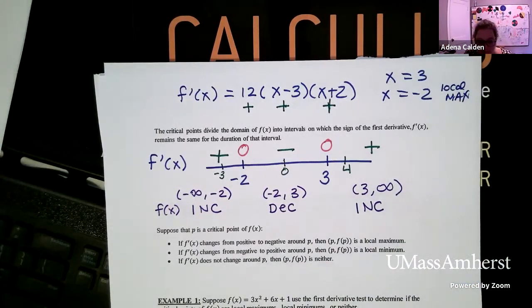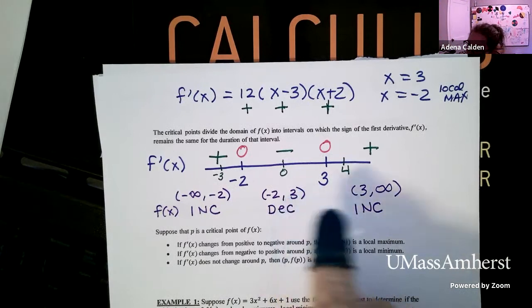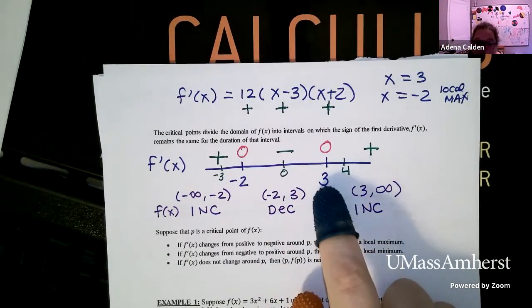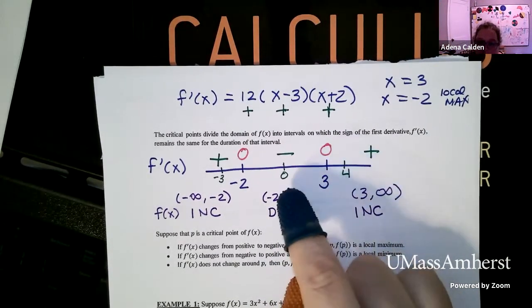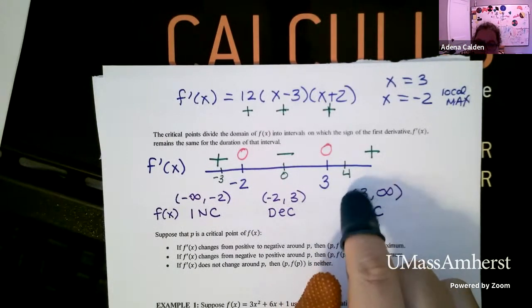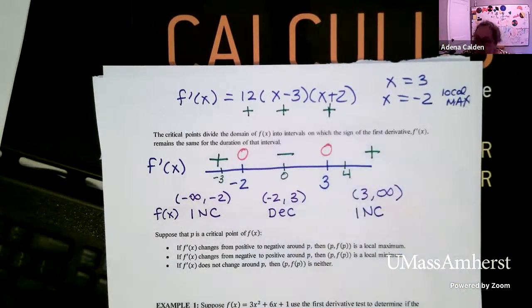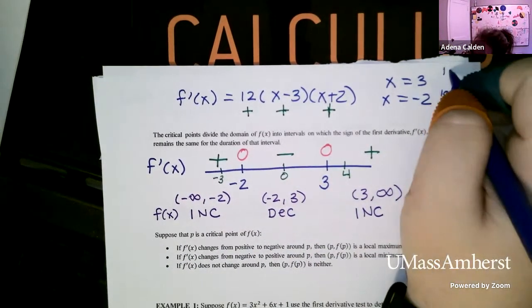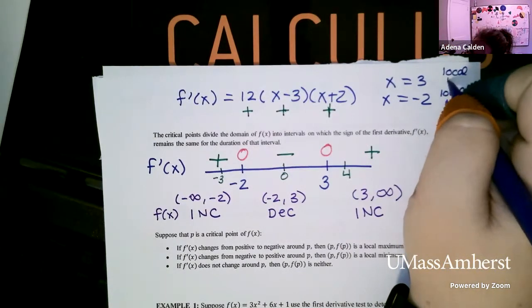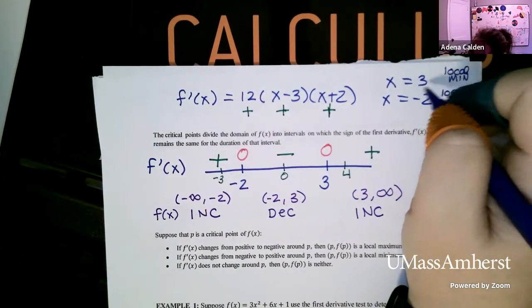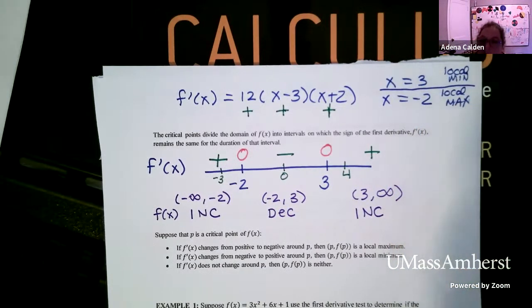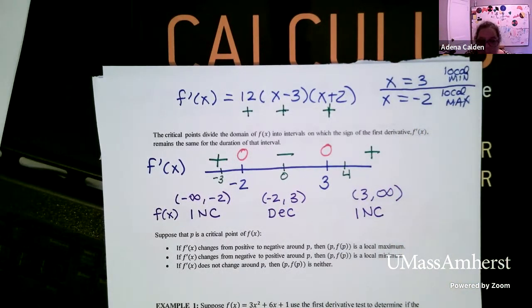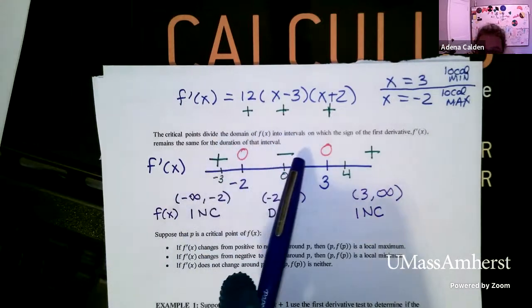And if my function goes from decreasing to increasing around my critical point of 3, that means I'm going down and then up. That makes a local minimum. Okay, so I'm able to determine what these critical points are by looking at how the first derivative changes.